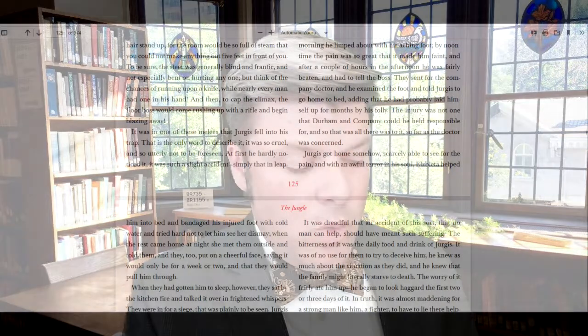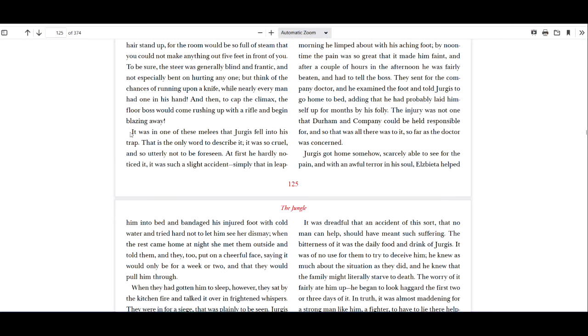And if you're using a book that does not look like mine and is not the online version, it is a paragraph that starts out, "It was in one of these melees." Again, paper copy of the book, that's 104. If it's the one in Canvas, that's 125. Either way you want to spin it, it's a paragraph that starts out, "It was in one of these melees."